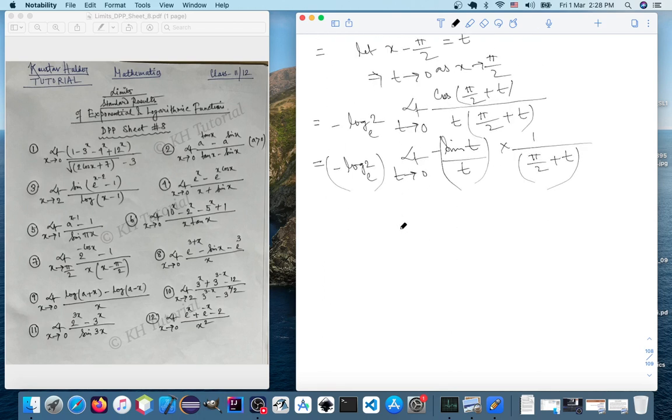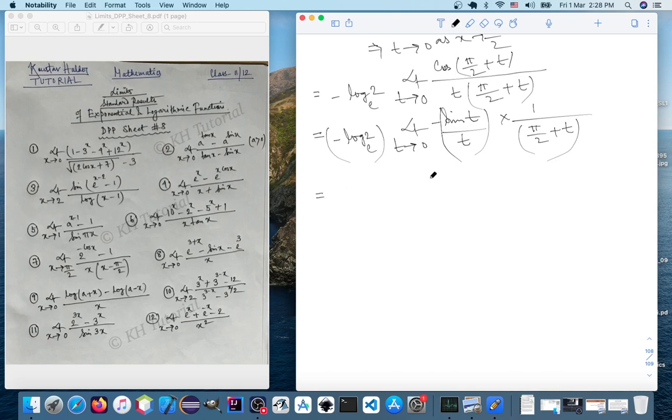Now if we put the standard result, sin t by t becomes 1, and we put the value t as 0 in this expression, it becomes pi by 2. So 2 goes in the numerator, pi remains in the denominator, and 2 log e 2 by pi is the answer.